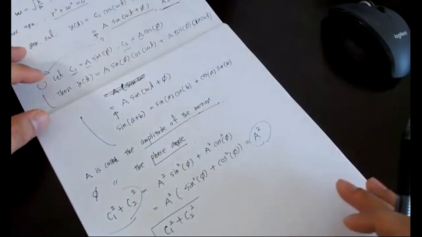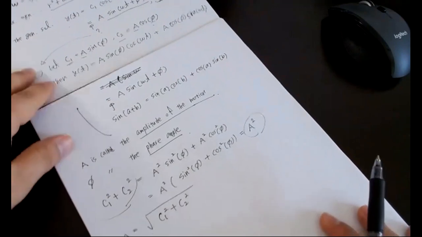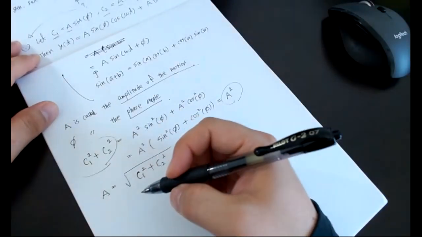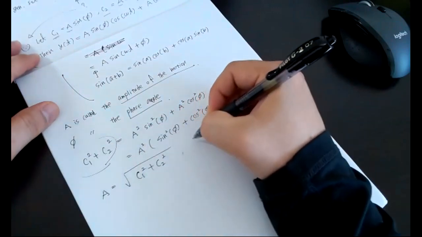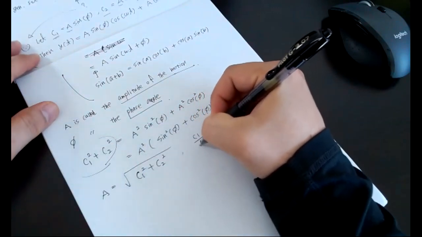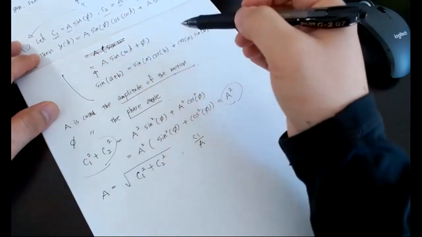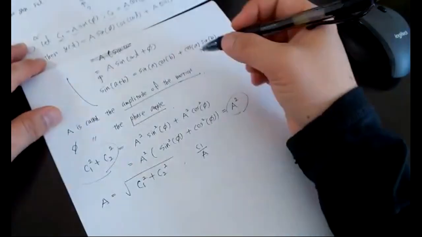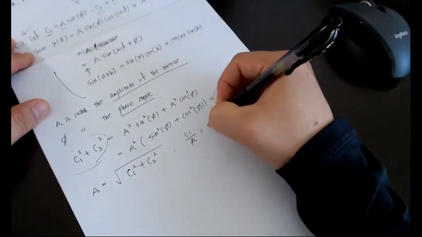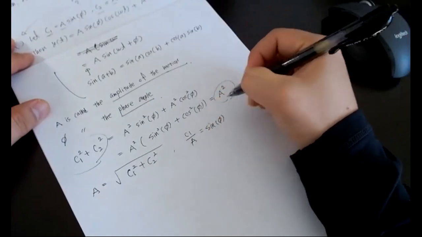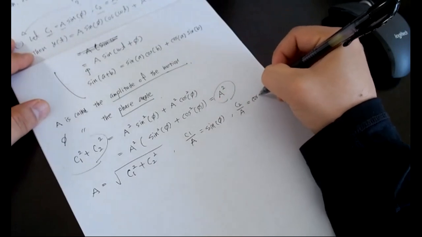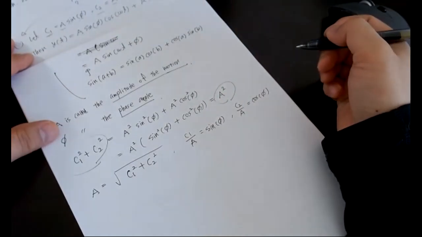Now the next one: C1 is A times sine phi, which means that C1 over A is equal to sine phi. And C2 over A is equal to cosine phi.